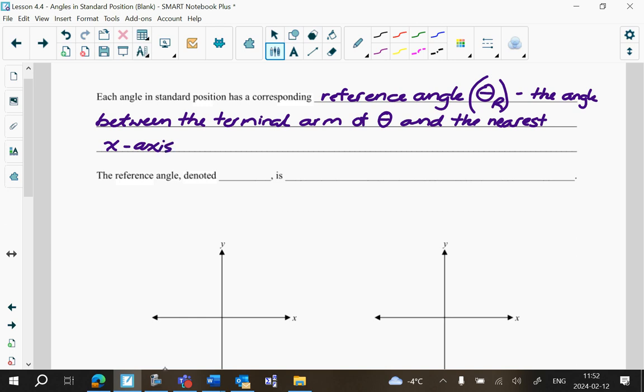So when I draw an angle on a coordinate grid, I will also create a reference angle. And the reference angle, like I said, is always between 0 and 90 degrees, which we know how to do the trig of.